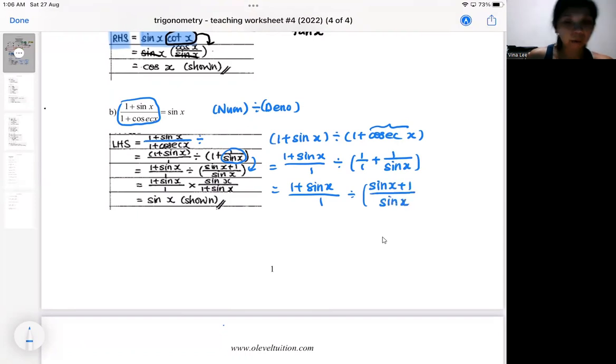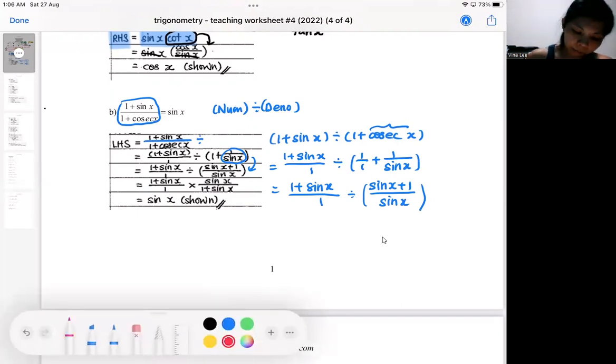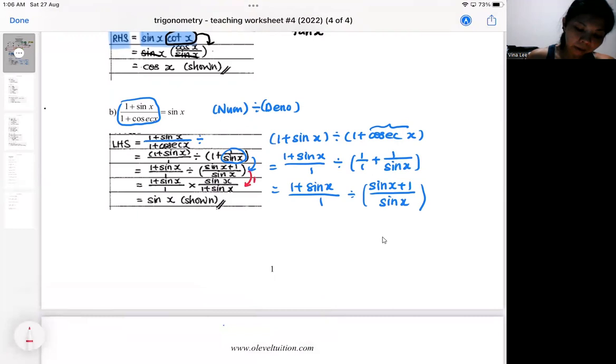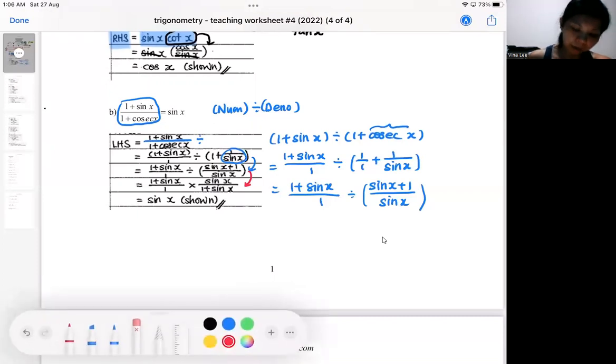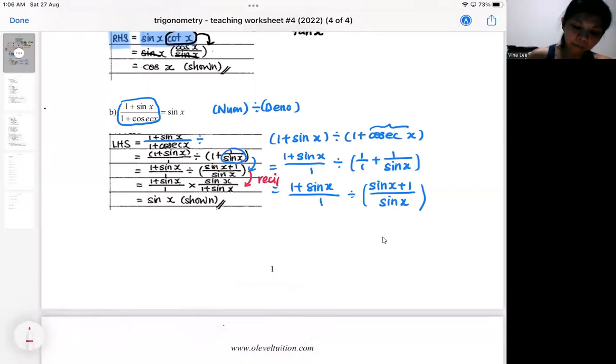Because in primary school, you learn that when you divide by a fraction, you flip it over. So there is a reciprocal here, and I did a reciprocal. Because I did the reciprocal, I have a cancellation that I can do.